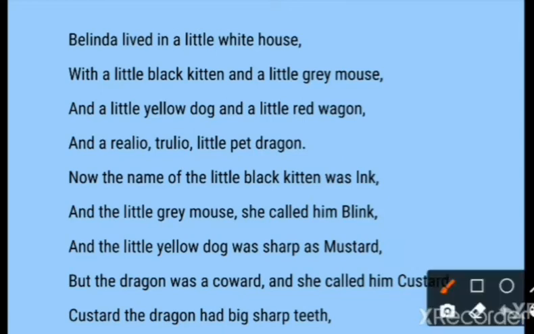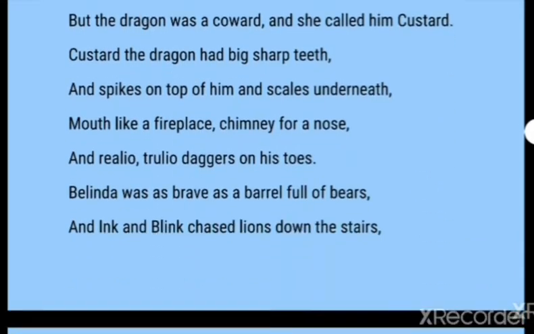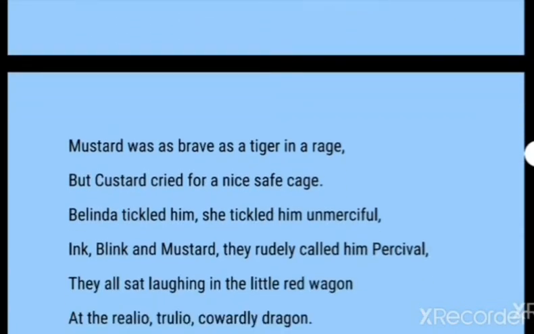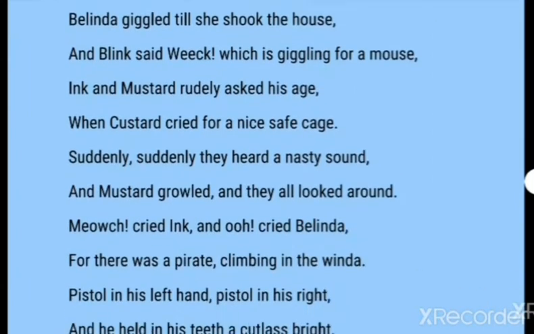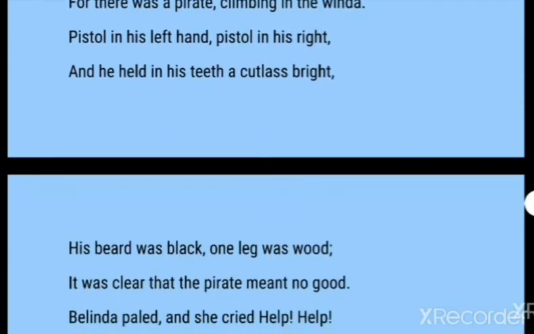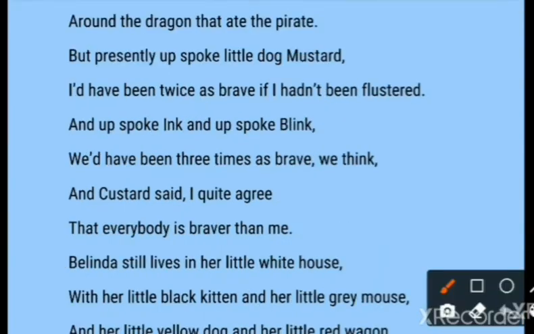As far as the 13th stanza is concerned, here we have this 13th stanza.